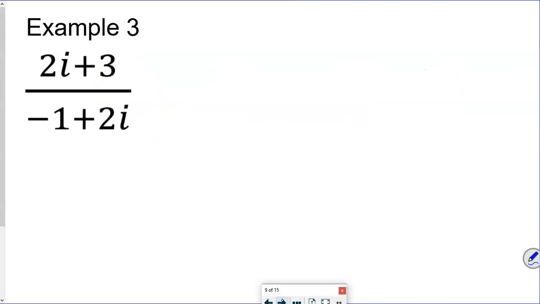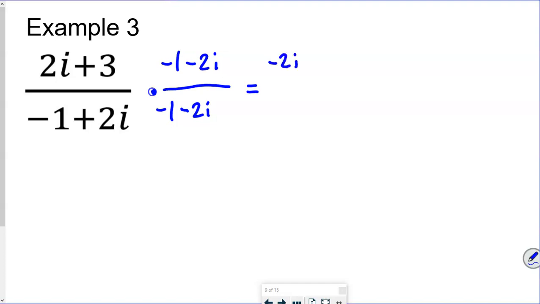All right, here's another example. So once again, we're going to multiply this by negative 1 minus 2i over negative 1 minus 2i. Now this time, y'all, I'm going to use FOIL. I kind of like it better because I think it's cleaner, but it's your call. You can use the box method here. So 2i times negative 1 is negative 2i. 2i times negative 2i is negative 4i squared.